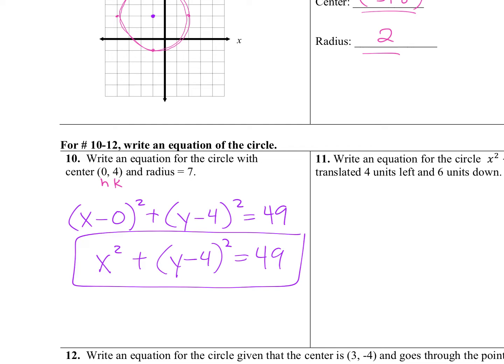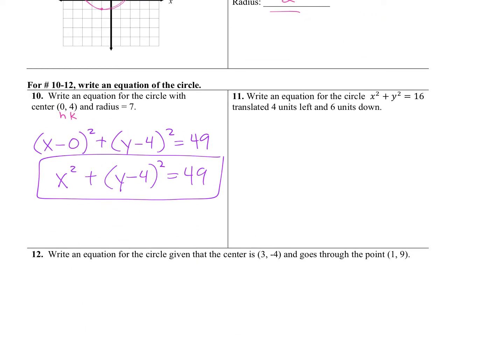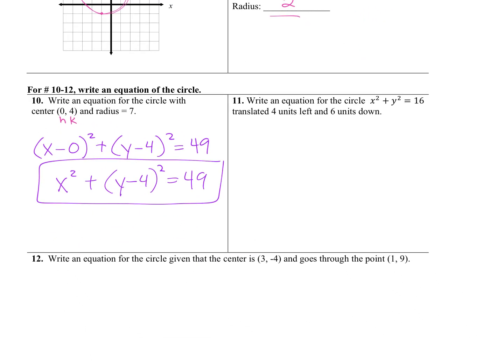Okay. All right, number 11 says write an equation for the circle that's translated 4 units left and 6 units down. So if you go 4 left and 6 down, let's think about that. That would put our center, if it was at 0, 0, right? This would be 0, 0. 4 left is going to be a negative 4. 6 down is going to be a negative 6.